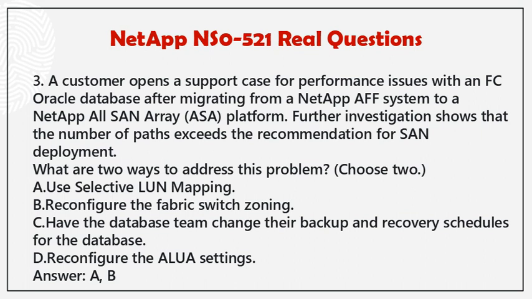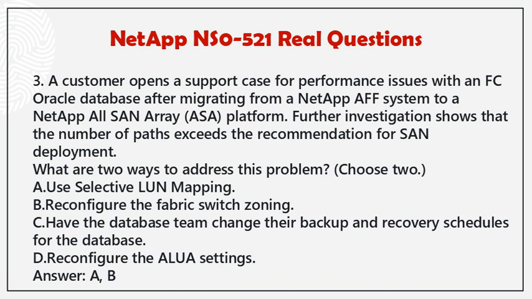3. A customer opens a support case for performance issues with an FC Oracle database after migrating from a NetApp AFF system to a NetApp All-SAN Array (ASA) platform. Further investigation shows that the number of paths exceeds the recommendation for SAN deployment. What are two ways to address this problem?